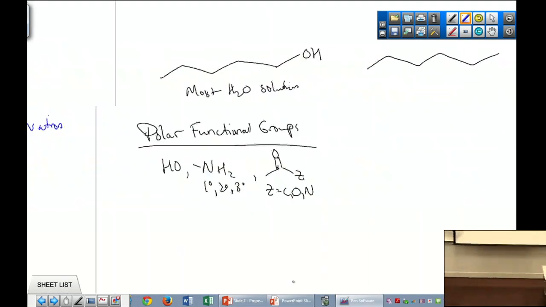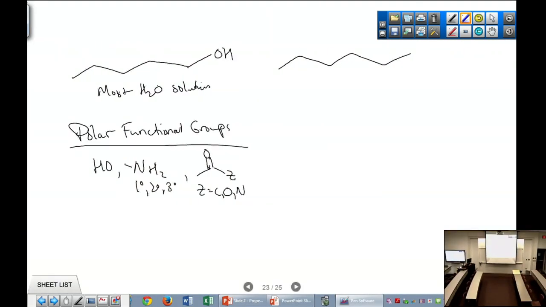So if you look at pentanol versus hexane, right? Pentanol is going to be more water soluble. I promise that word is soluble.